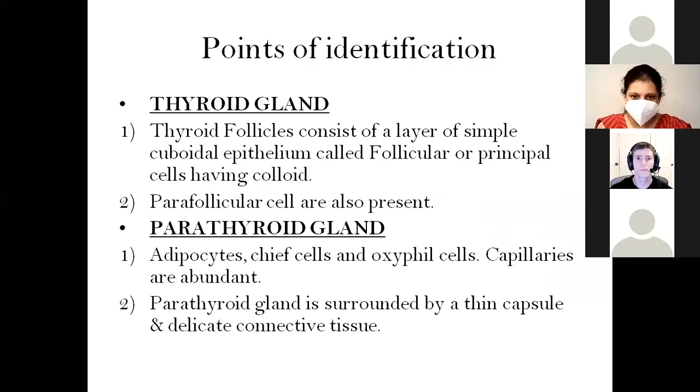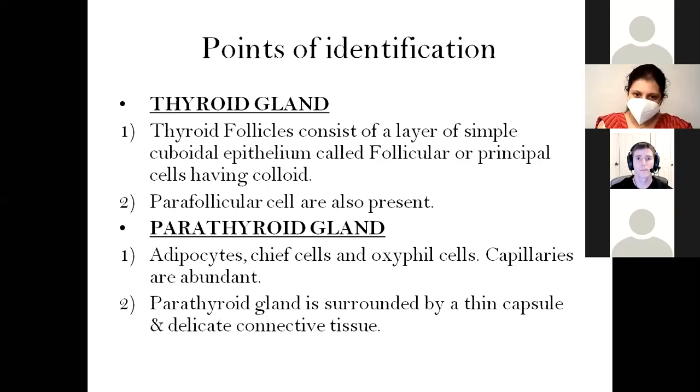Parafollicular cells are also present. If you are required to write down more points, you can also mention that it is surrounded by a thin connective tissue capsule, and the capsule sends in septa, dividing the whole gland into lobules. Otherwise, if two points are required, you can mention these two points.